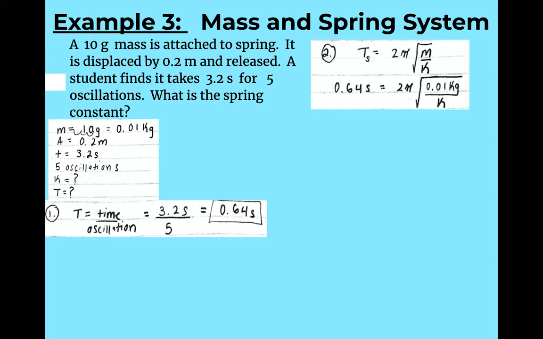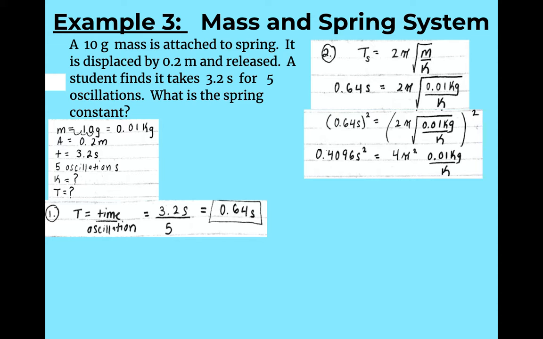We square each term on both sides, so we square 0.64 seconds and the entire quantity 2 pi times the square root of 0.01 kilograms over K. When we square 0.64, we get 0.4096 seconds squared is equal to 4 pi squared times 0.01 kilograms divided by K.